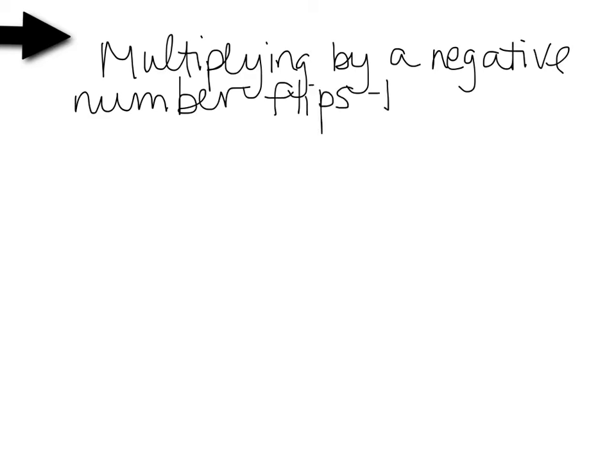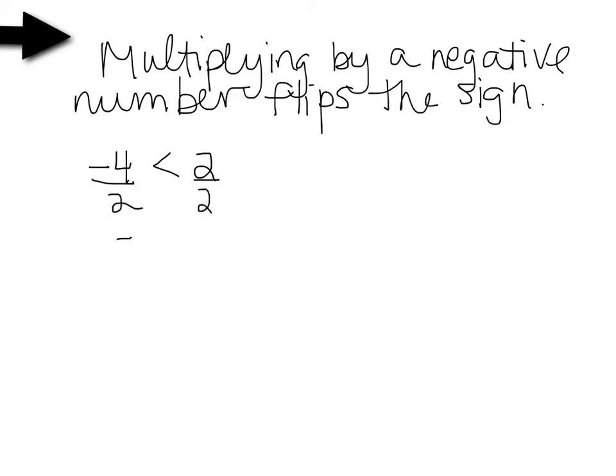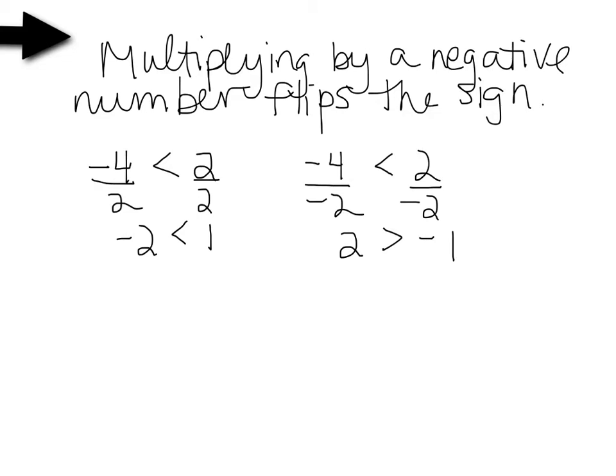The one operation we haven't done yet is division. If I start out with negative 4 again, negative 4 is less than 2. If I divide by a positive number, this gives me negative 2, this gives me 1, still less than. If I take this same problem and I divide by a negative number, again, just like with multiplication, the sign flips.